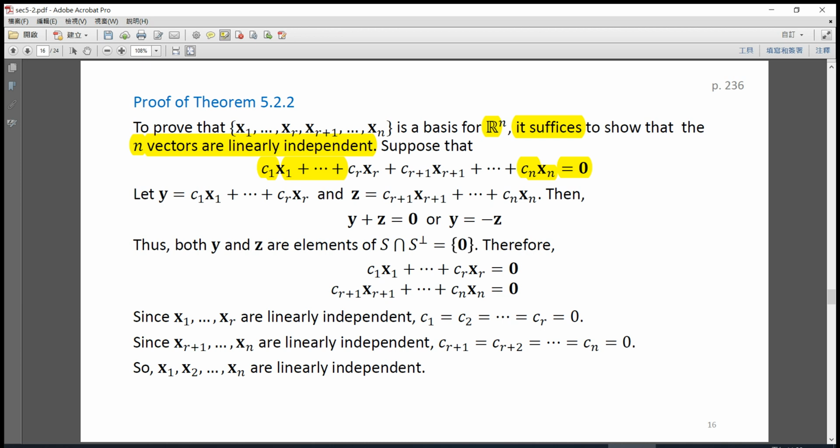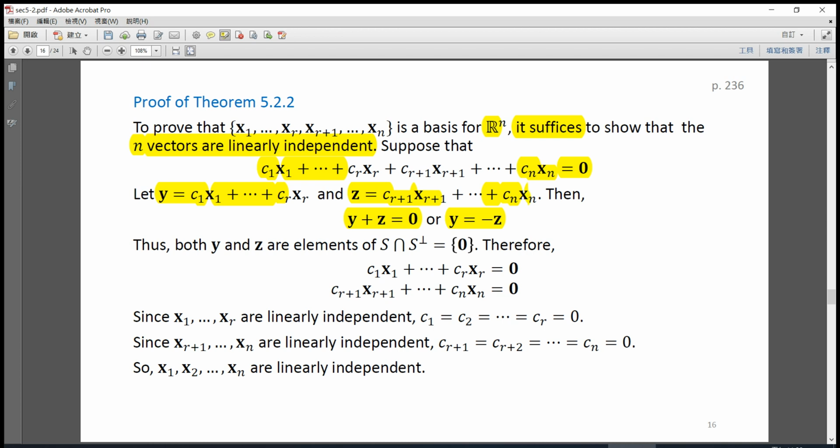If the only solution to this equation is c1, c2 up to cn are all zeros, then we can say x1, x2 up to xn are linearly independent. To this end, we denote y as c1 x1 plus up to cr xr, and denote z as c(r+1) x(r+1) plus up to cn xn. Then we have y plus z equals the zero vector, or equivalently y equals negative z.